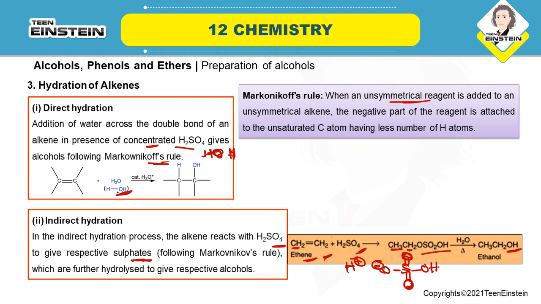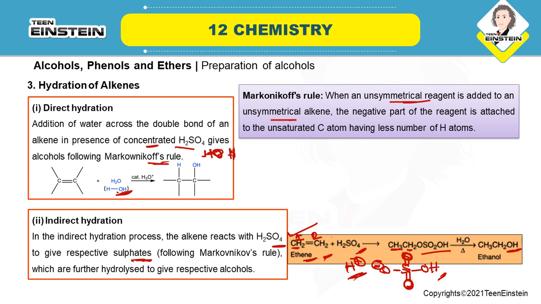And the alkene is also unsymmetrical. Suppose you think about ethene, this is a symmetrical alkene. So it doesn't matter whether the H part or the HSO4 minus part is added to which carbon, whether it is 1 carbon or 2 carbon. Suppose this is 1 carbon, this is 2 carbon.